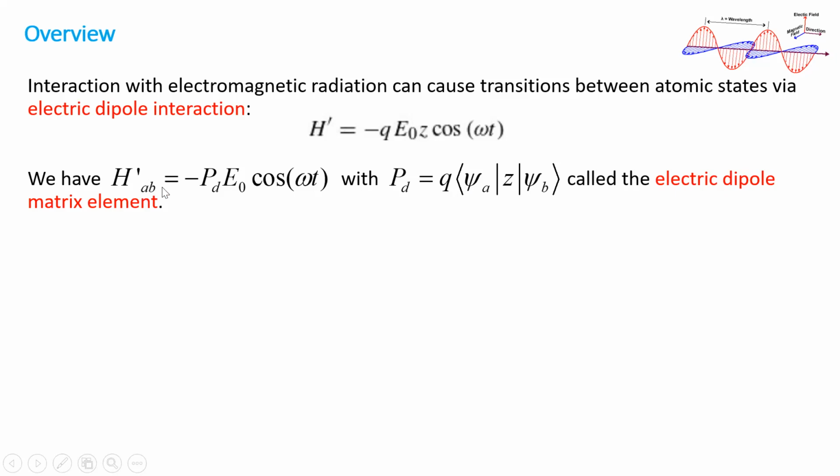So H prime AB would be minus PD, where PD is Q times the matrix element of Z between psi A and psi B. That's called the electric dipole matrix element because it's Q times Z matrix element between A and B. That times E naught cosine omega t would be the matrix element of H prime, okay?